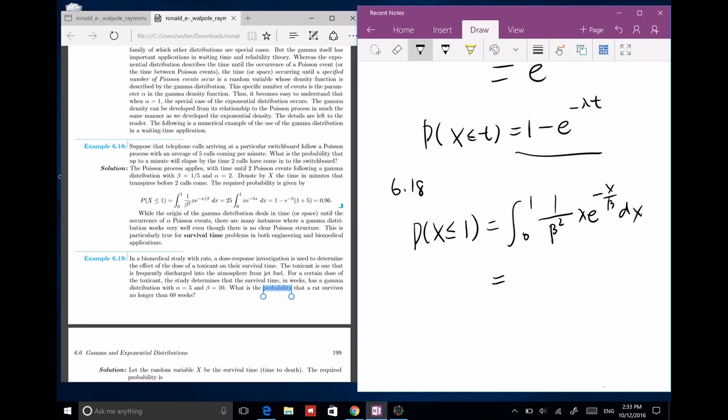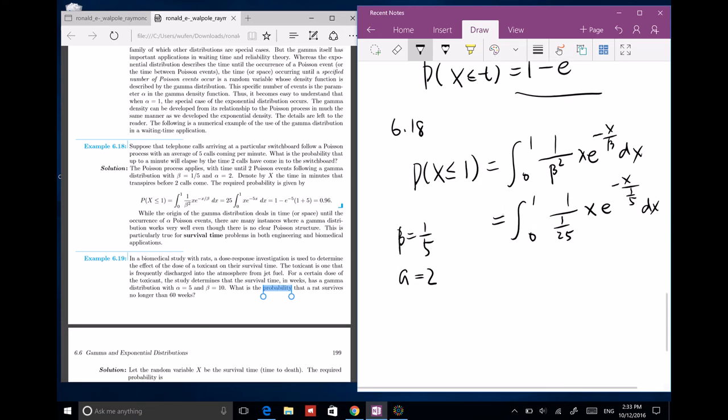You get beta equals 1/5 because it has an average of 5 calls coming per minute, and alpha equals 2, until 2 events following a gamma distribution, right? So you can find that it is the integral from 0 to 1 of 1 over (1/5) squared x e to negative x over 1/5 dx. Okay, so the answer is 0.96.